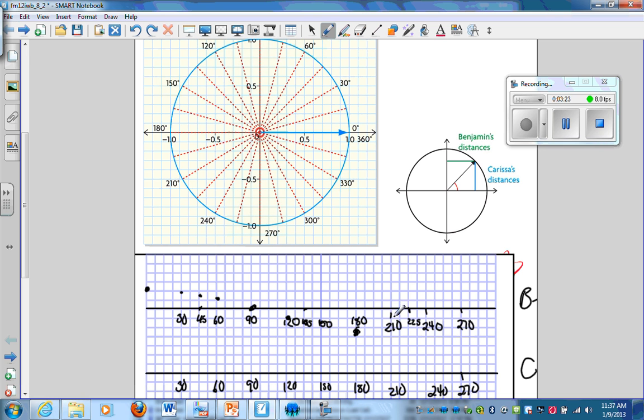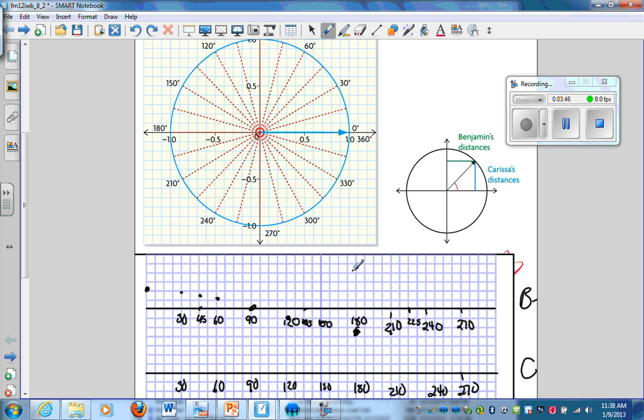Okay, now let's look what happens when we start doing 210. So I'm still in the negative. At 210, I'm 1, 2, 3, 4, 5, 6, 7. Oops, I lost counting. 1, 2, 3, 4, 5, 6, 7, 8, 9. So I'm at negative 0.9.